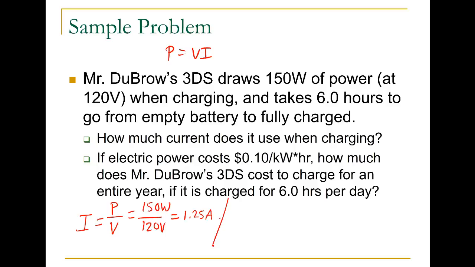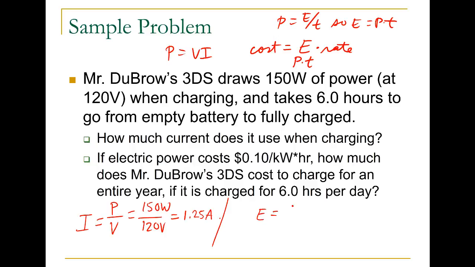So then for the second part, if we want to calculate the cost, cost is going to be equal to the energy that it uses times the rate. Now the energy will be power times time, because power is energy divided by time. So energy is power times time. Okay, so how much energy does this use?